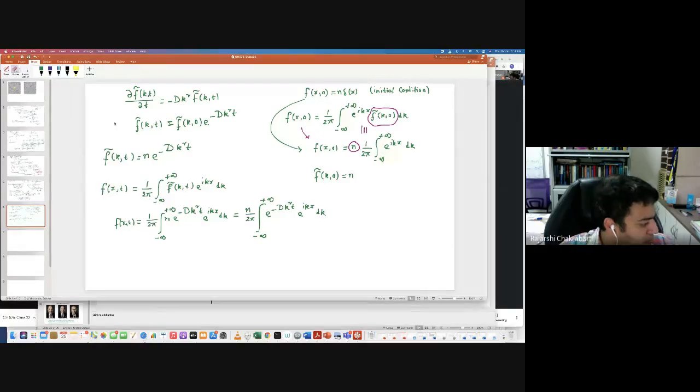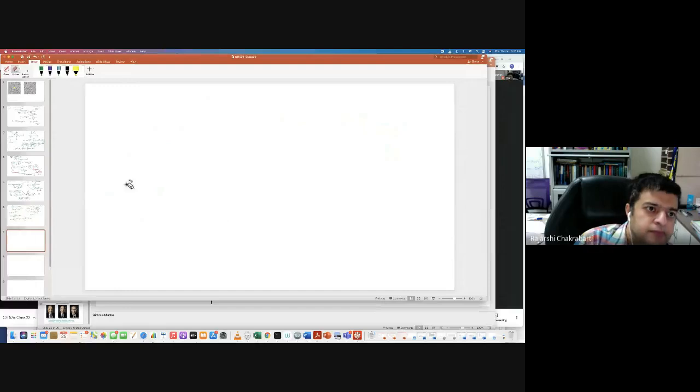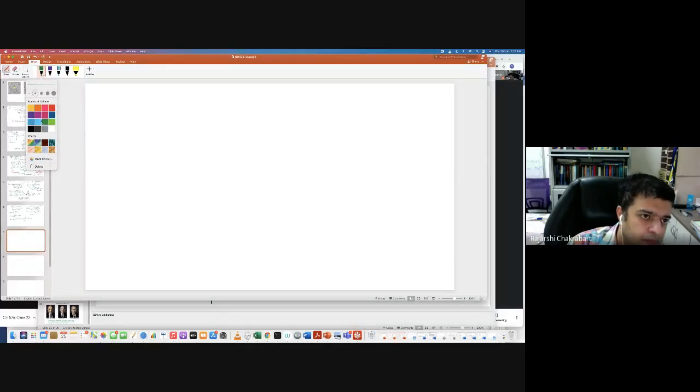I'll go to the next page rather because that is better. So what I have here is this: f of x comma t is N by twice pi integral.